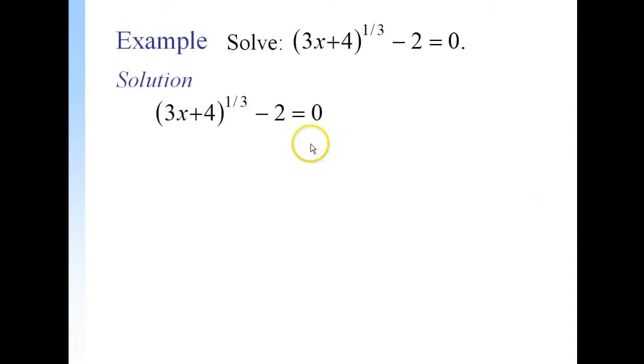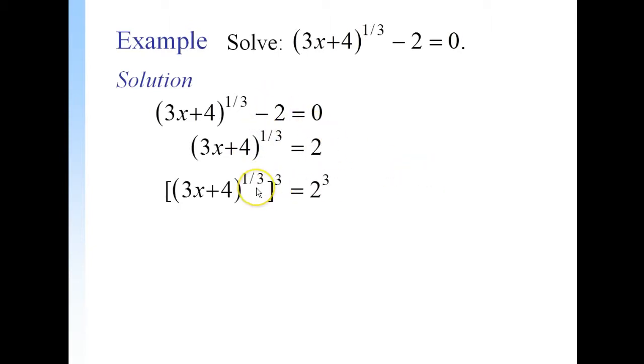Now again, they're using the fractional exponent form. They transpose the 2. And again, they're taking this 1/3 and having it in that form. It's 1/3 times 3. So these cancel out.